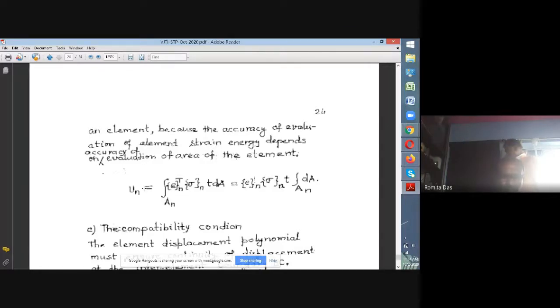To have the exact evaluation, what you need is the area integration. So the numerical integration to be adopted will depend on the integration of the area of the element. That can be done if the strains are constant. This is simply the least order of integration, decided by the area integration, or volume integration in 3 dimensions.